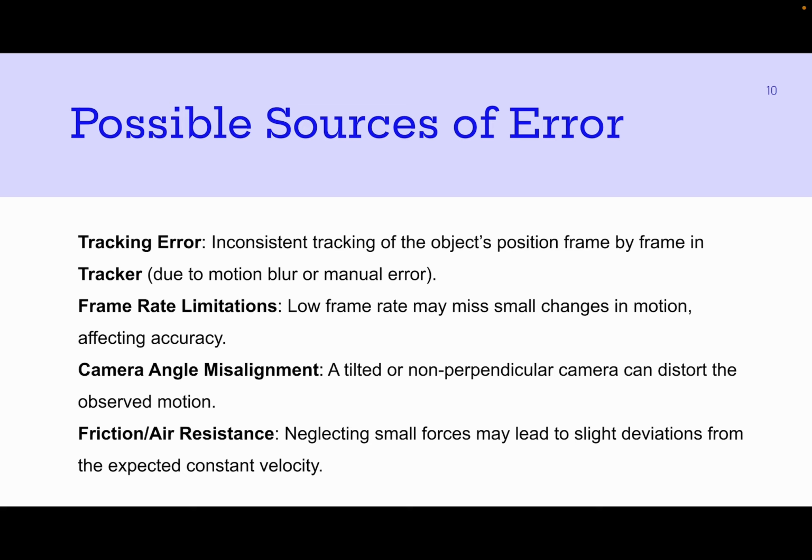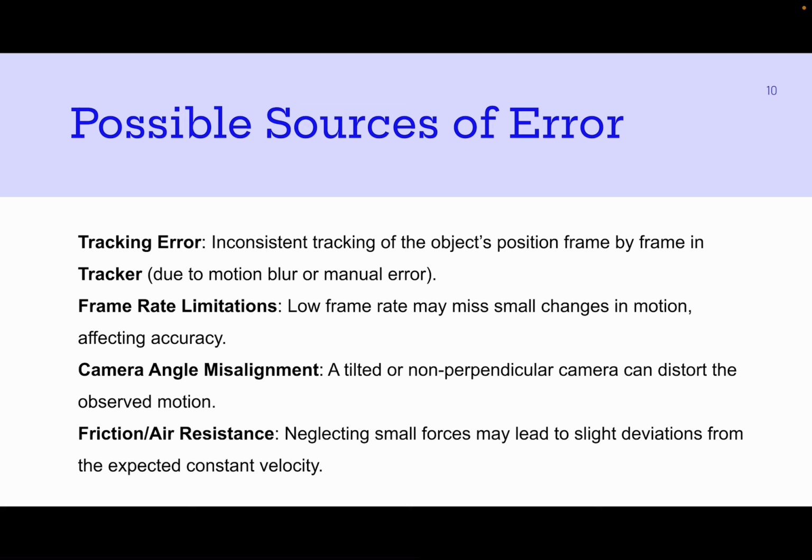And then camera angle misalignment, so a tilted or non-perpendicular camera can distort the observed motion. The camera was held from an angle from above, and I did not use a tripod or a stand or anything, so it was just a fellow lab member holding it, and the chances of them holding it perfectly still for the entire duration of the video is unlikely.